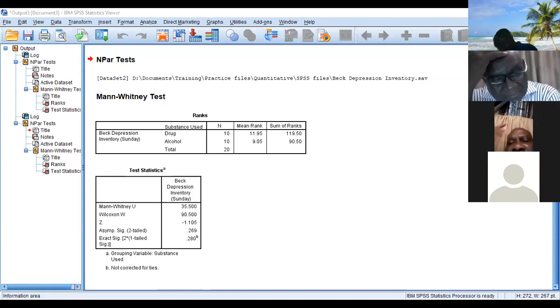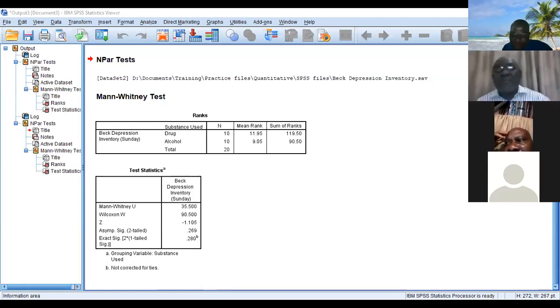Does it make sense? That's exactly what you have done. Yes, that's what we did. You can interpret it and say that there is no difference in the depression between alcohol and drug users on Sunday, but there is a difference between them on Wednesday. Okay, fine, good.